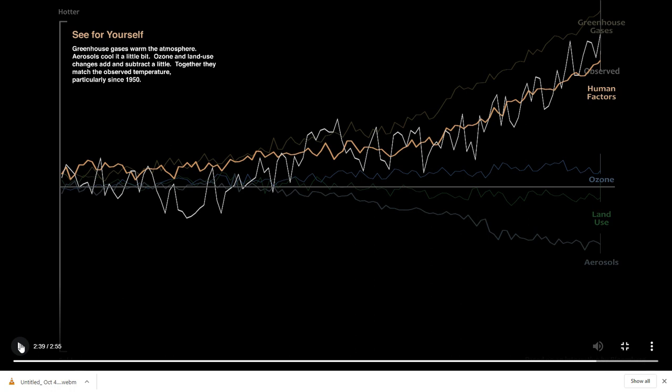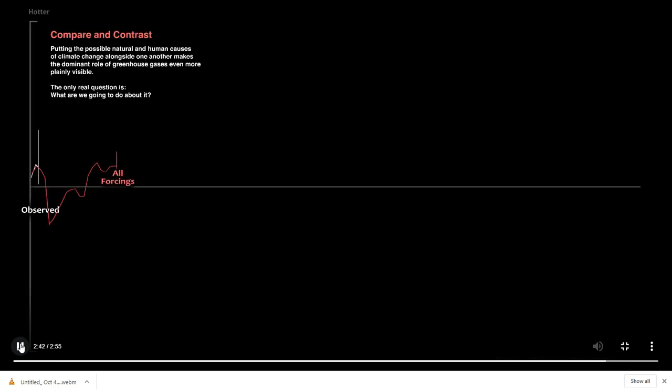So here, we're going to put the possible natural and human causes of climate change alongside one another, which makes the dominant role of greenhouse gases more plainly visible. The only real question is, what are we going to do about it? So we're looking at all four things against the observed.